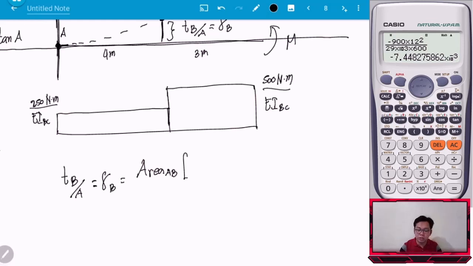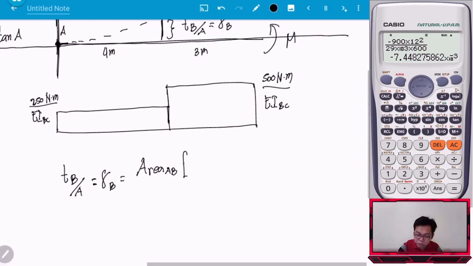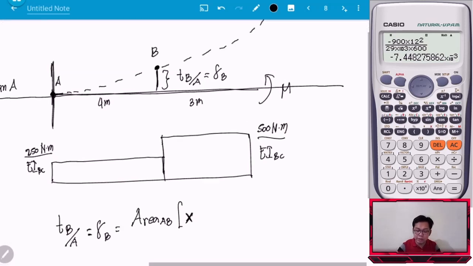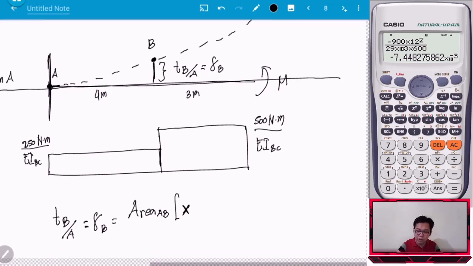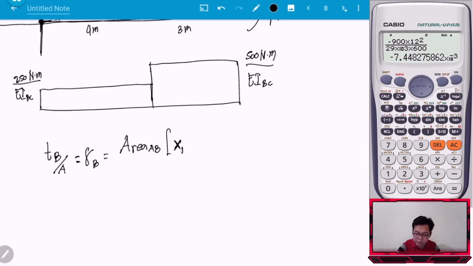The centroid of the area must be located from the location kung saan din tayo naghahanap ng deviation. In this case, I am interested sa deviation at B. So, therefore, this is also X_B, divided by EI. Okay?